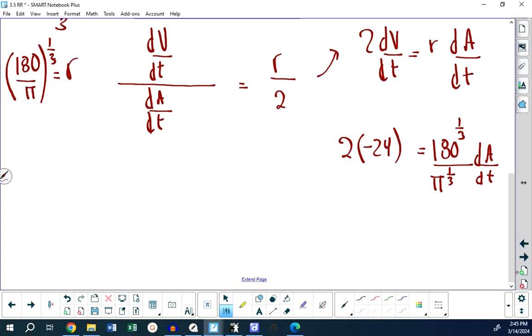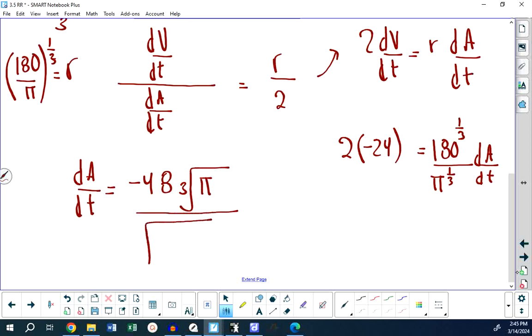Quite frankly, I'm not interested here in whether the cube root of 180 simplifies because it contains perfect cubes. I don't care. If you're looking for an exact value, somewhat simplified, it's negative 48 cube root pi over cube root 180.